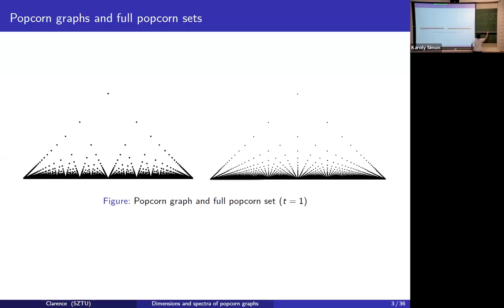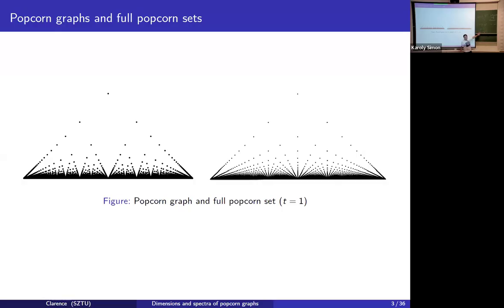So if given t, we can check the point at a half, with value a half to the power of t. Another point is a half with a quarter to the power of t. The popcorn graph only has the point a half with a half to the power of t.